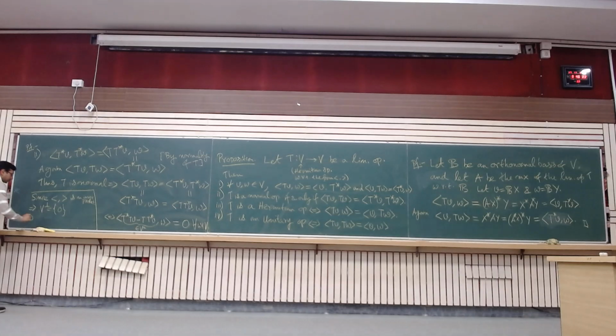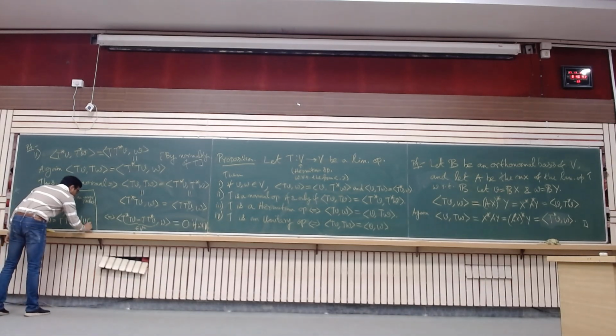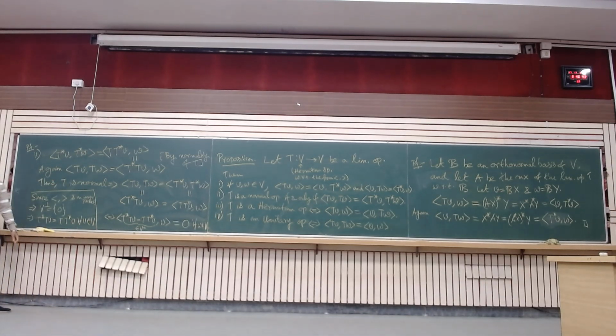That implies T*TV is equal to TT*V for all V in V. For all the vectors in V, we have T*TV equal to TT*V. That means this operator and this operator are equal on V. That is, T*T is equal to TT*.